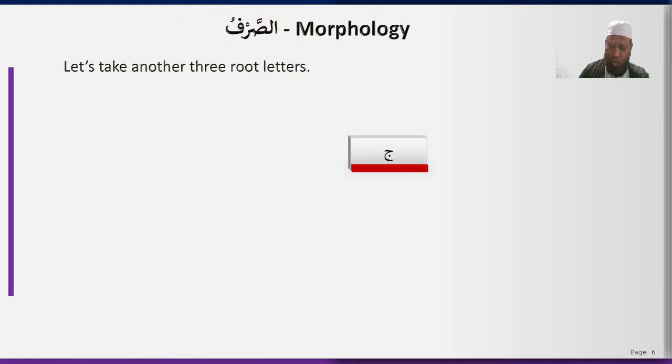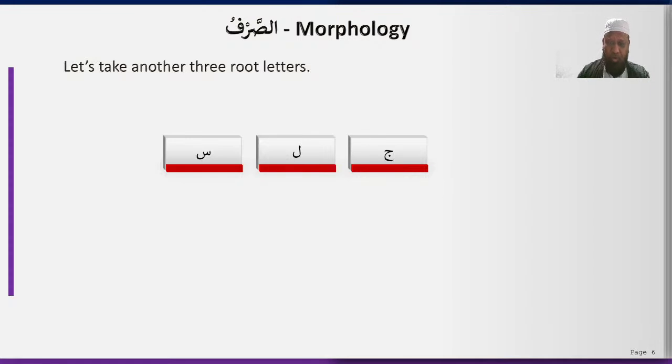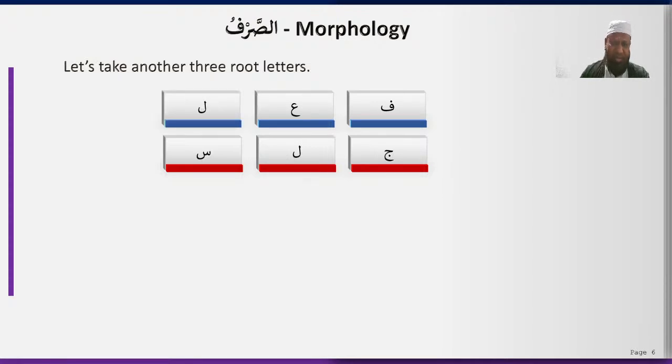Let's go deeper and look at the fa'ul kalima, the aynul kalima, and the lamul kalima. We take another three root letters, jim, lam, and sin. So jim is in the place of fa, lam is in the place of ayn, and the sin is in the place of lam.